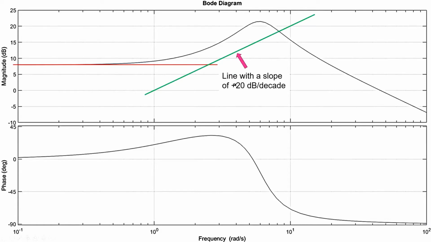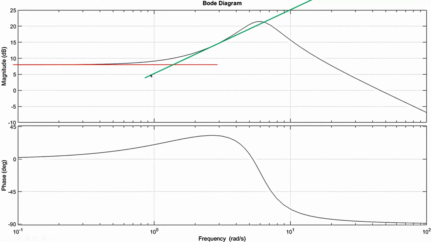I will use this line. I will place this line tangent to this part of my graph, such that I can determine the intersection point between this red line and this green line. This intersection point doesn't mean anything at the moment, it's just a line that we can use. And if I now move this line towards this black line, our gain plot, I will have the following.